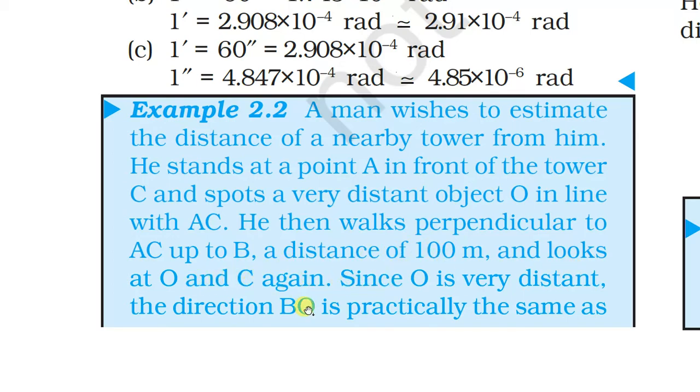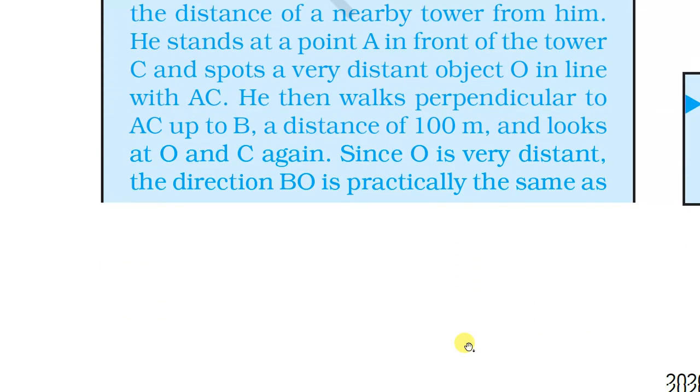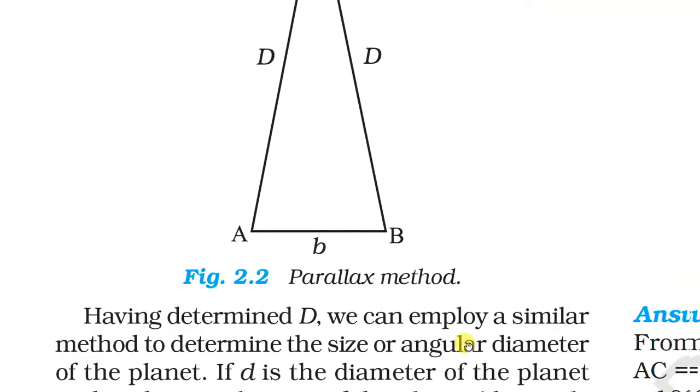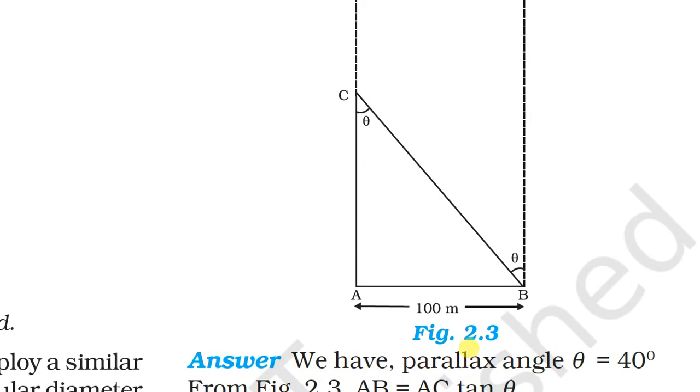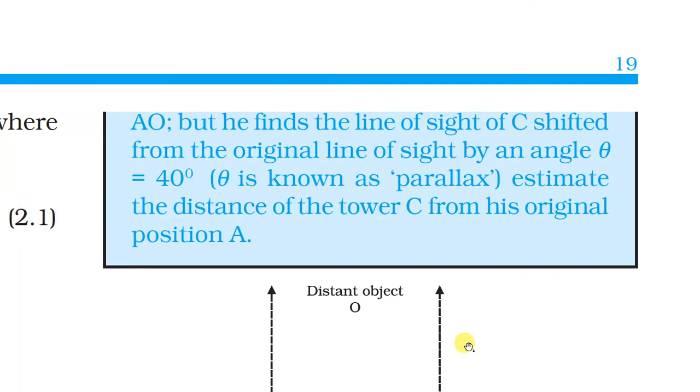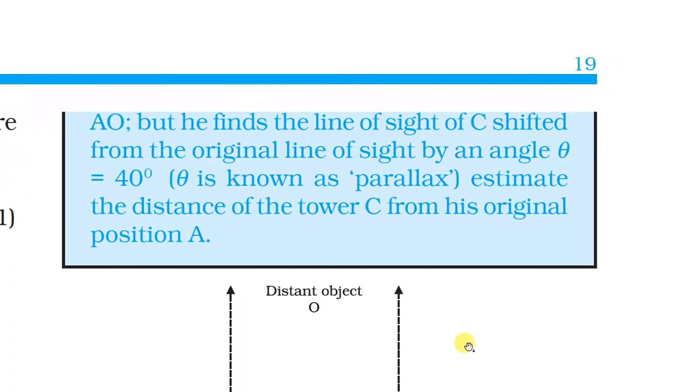Since O is very distant, the direction of BO is practically the same as AO, but the line of sight of C is shifted from the original line of sight by an angle theta equal to 40 degrees. Theta is known as the parallax. Estimate the distance of tower C from his original position.